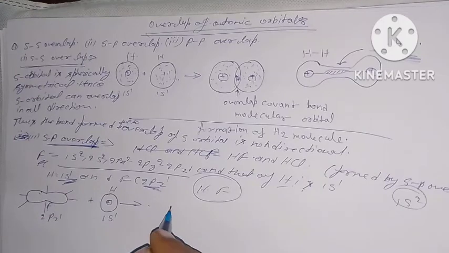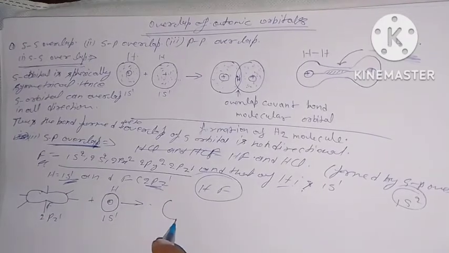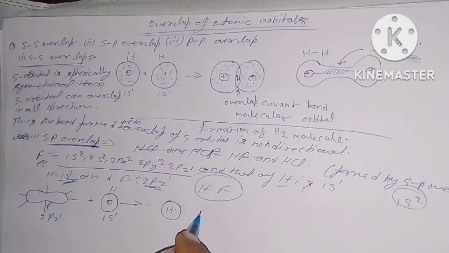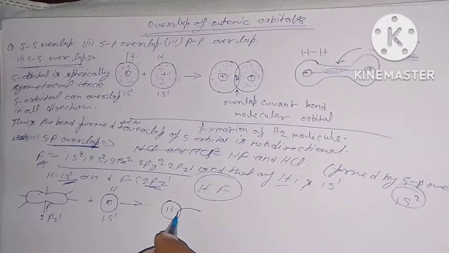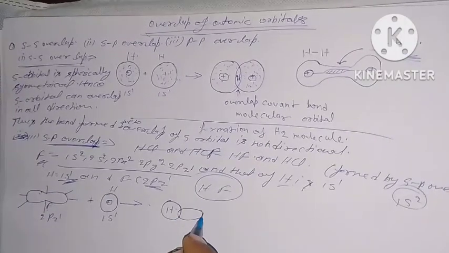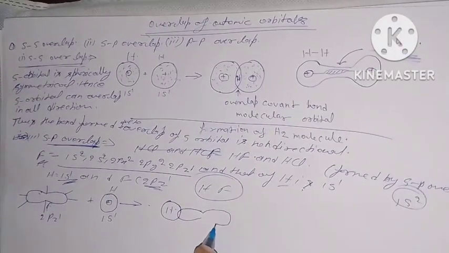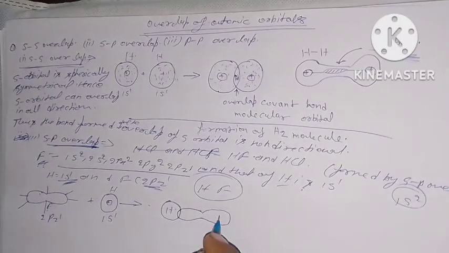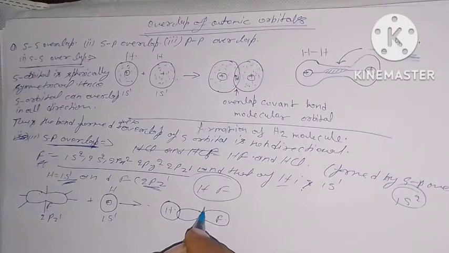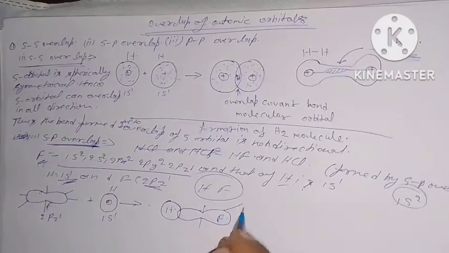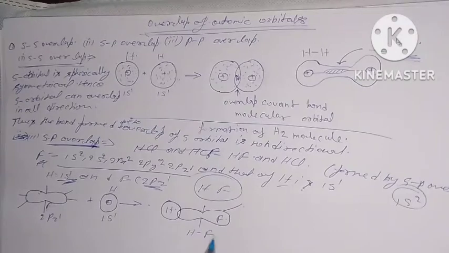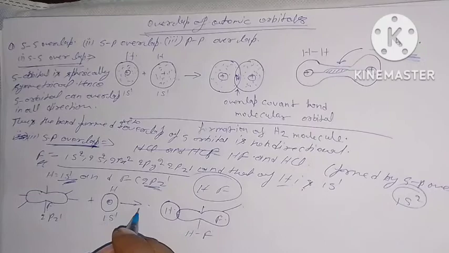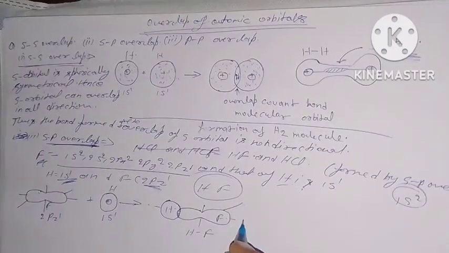The overlapping is of the hydrogen atom with the P orbital of fluorine. This is hydrogen fluoride, HF. This is the overlapping point.